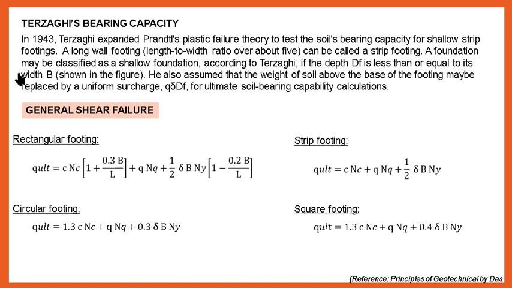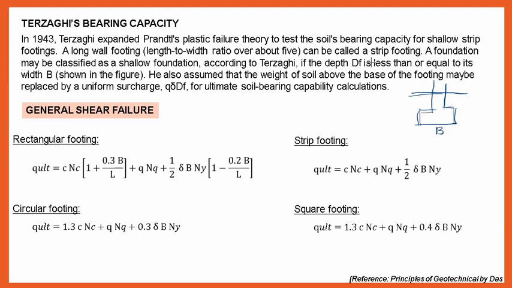A foundation may be classified as a shallow foundation according to Terzaghi if the depth Df is less than or equal to its width B, shown in the figure. So pag ito yung ating surface, meron tayong footing. Ito yung width nung ating footing.